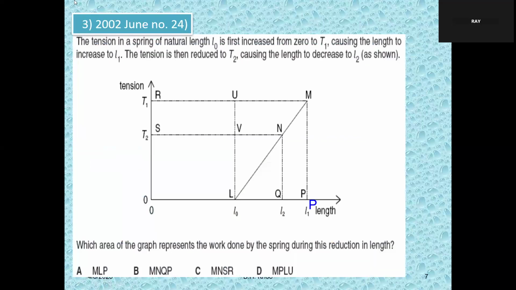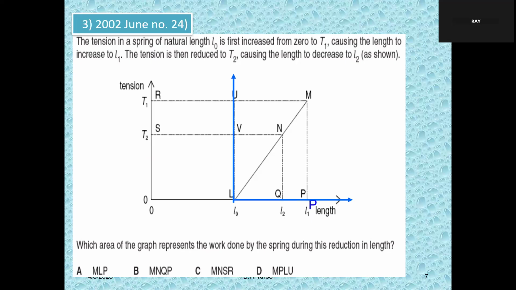Okay, how about this one? Work done. Say a bit louder. C. Right?